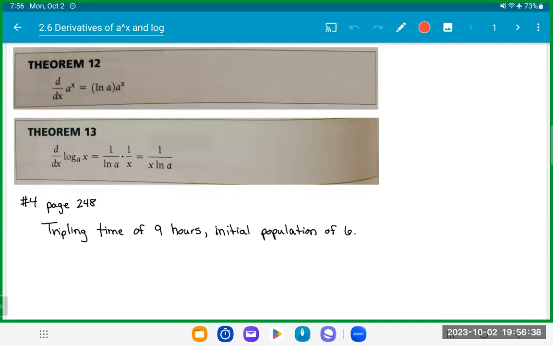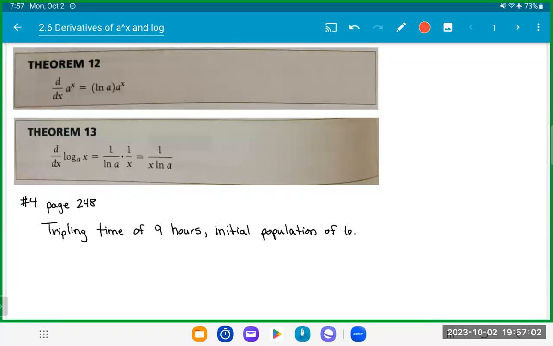This is going to end up being where we have a to the x, or where we have log base a of x. If I'm taking the derivative of a raised to the x, that's really just ln of a times a to the x.